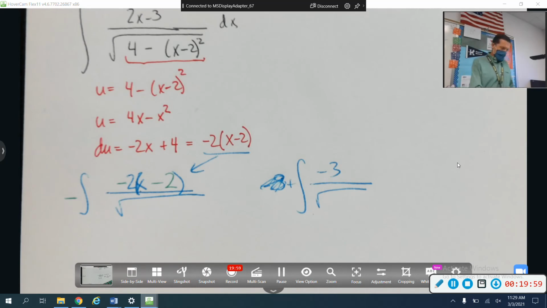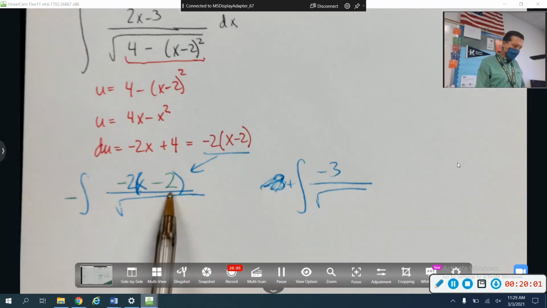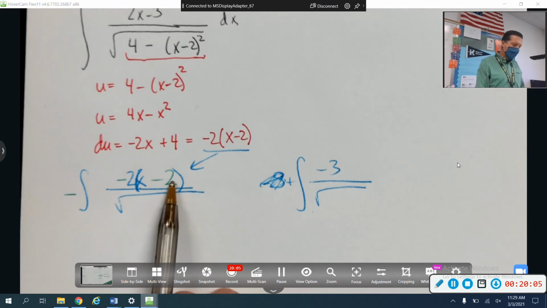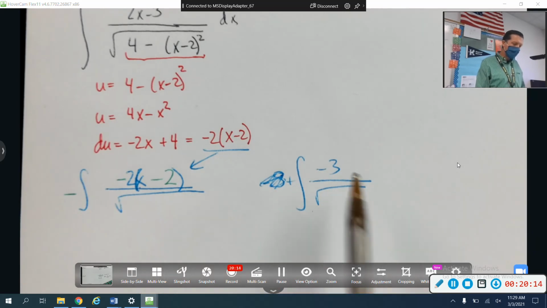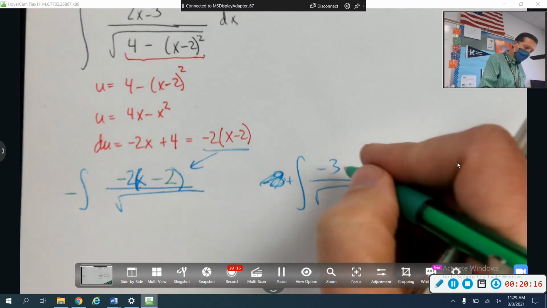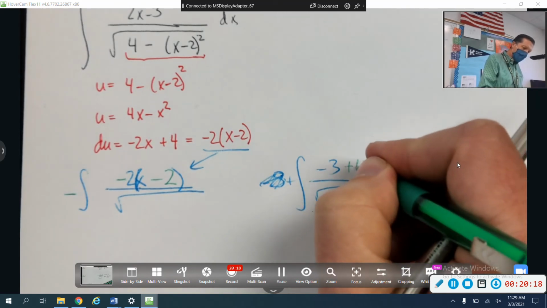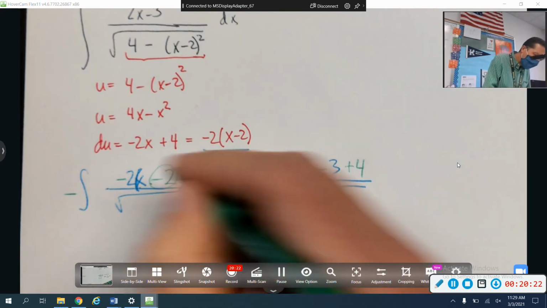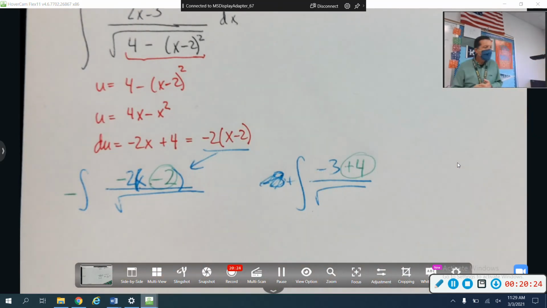So I wrote minus 2, but I really went negative, negative, negative. I really did a minus 4. Yeah? So I need a plus 4 over on this one. So that minus 2 and that plus 4 are kind of the same thing.